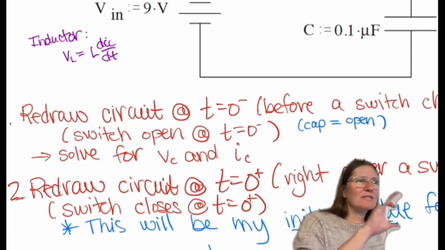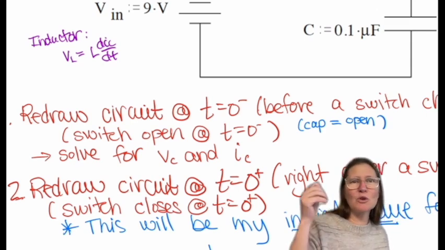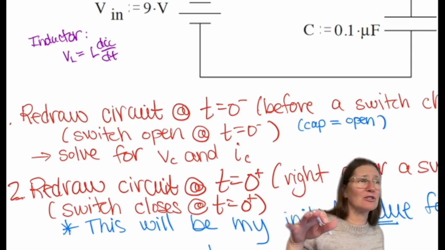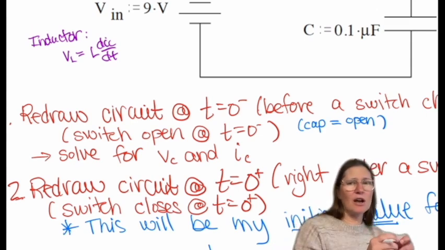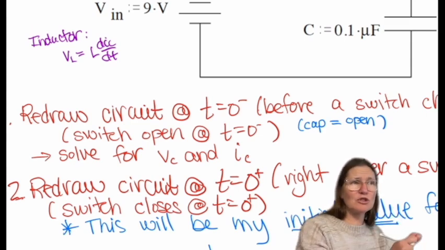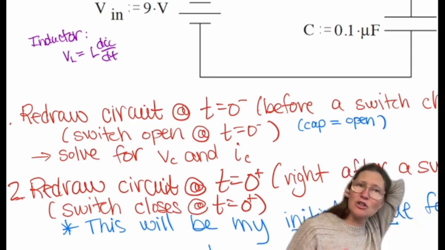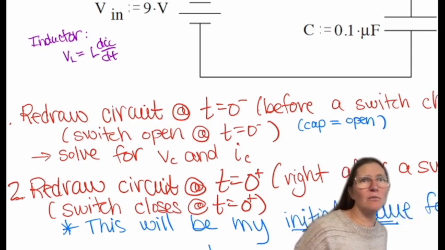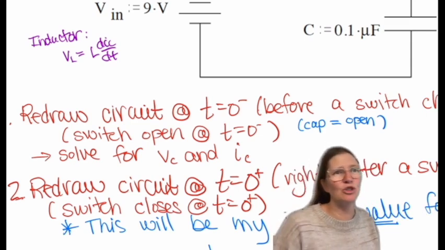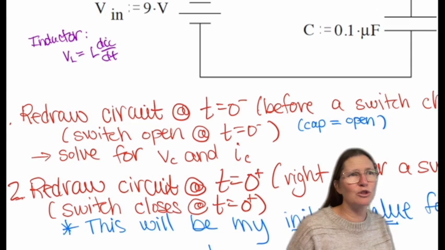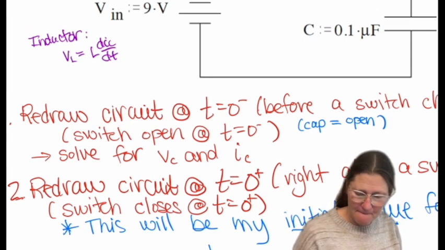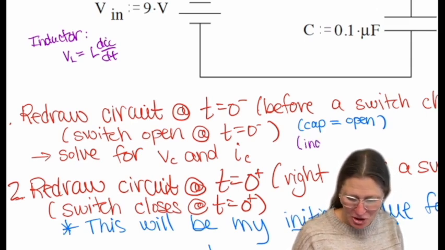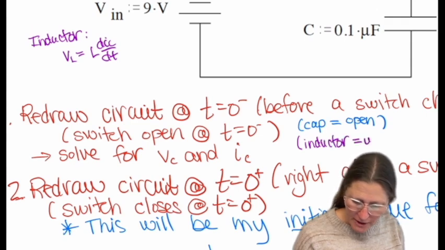DC voltage is applied to it, it's sat there for a long time, you'll have a fixed value of current in the circuit, but there will not be a change over time. It's only at the initial time that I switch a switch or change the voltage to the circuit that I will have a change. So with it sitting there for a long time, my di dt goes to 0. So VL goes to 0, which means what? Yep, a wire, I heard it. So an inductor equals a wire.